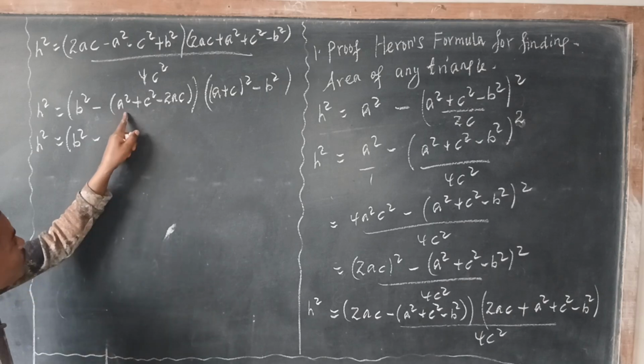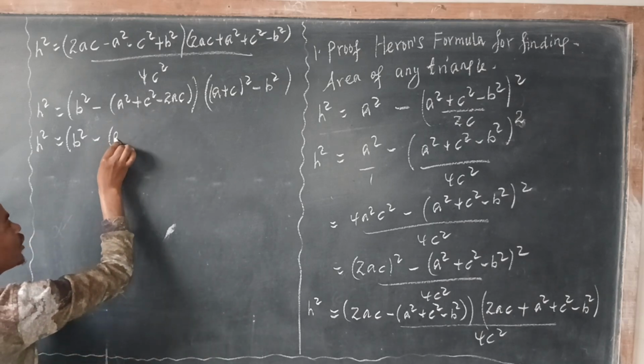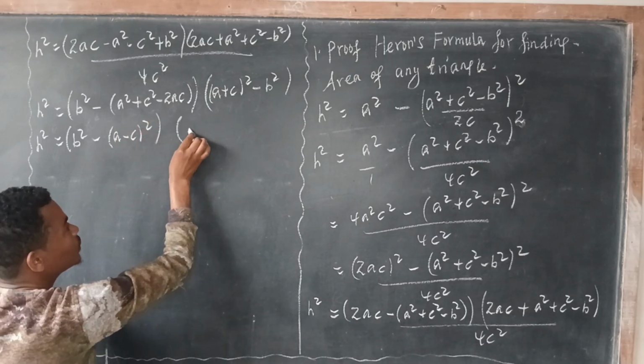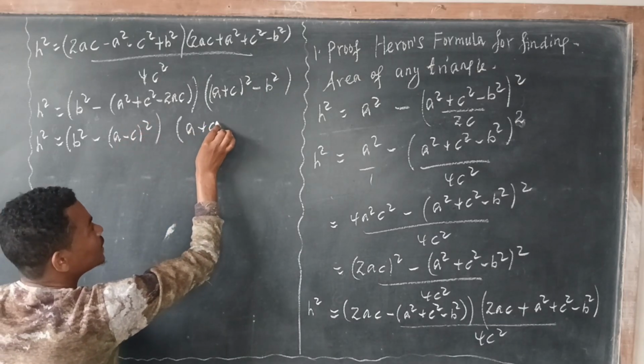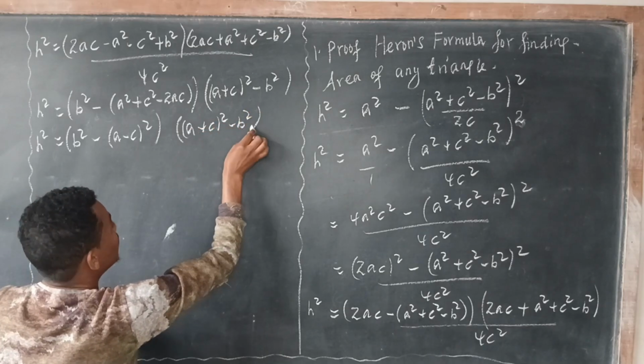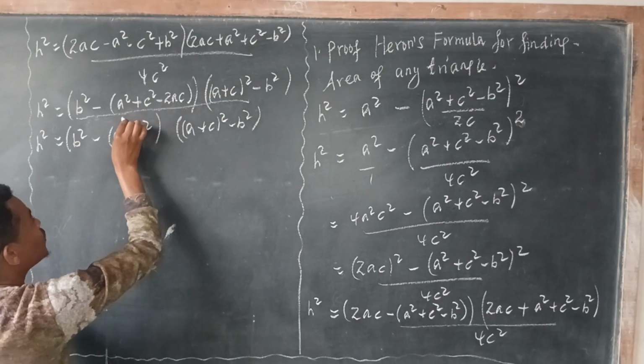Again in this case x square is equal to b square minus a minus c the whole square, into a plus c the whole square minus b square, over 4c square.